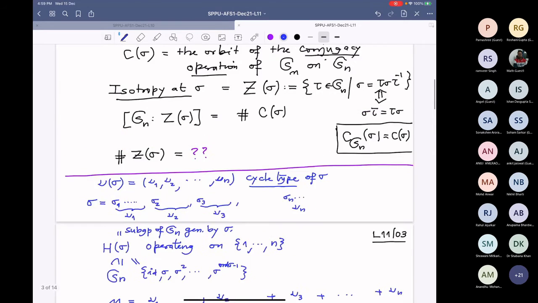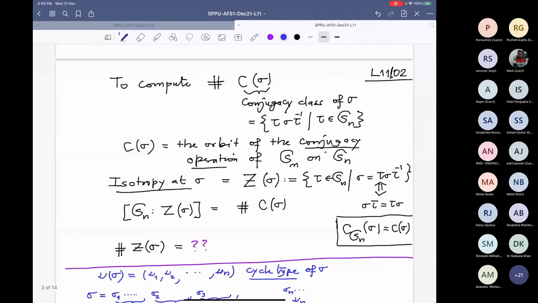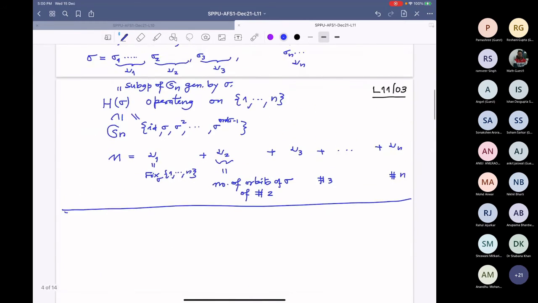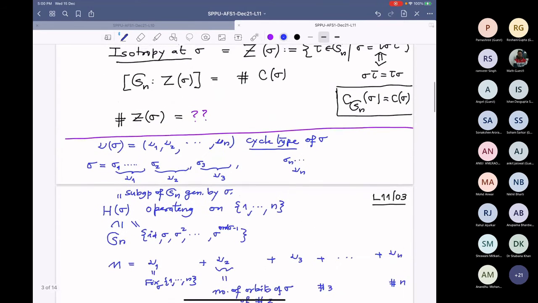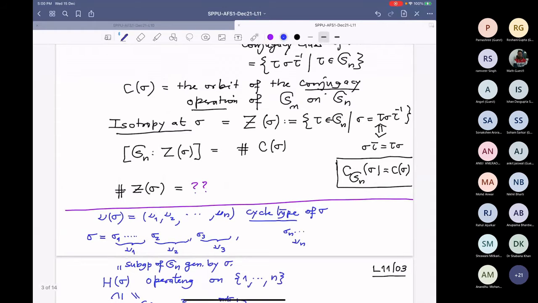So now let us come back to our aim, which is to calculate the cardinality of this centralizer of sigma. Note that the elements of the centralizer are the conjugates which are equal to sigma.